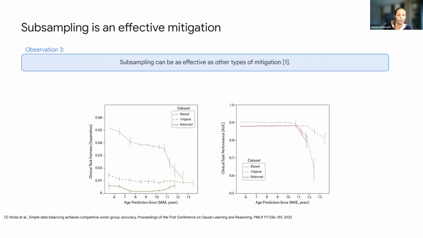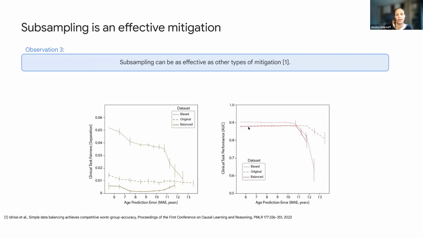Now, what we have observed as well is that in this case, subsampling, which uses less data, was a very effective mitigation. This is in line with some recent work in machine learning. There are limitations to what can be done with balancing data, but overall, it's doing quite well.